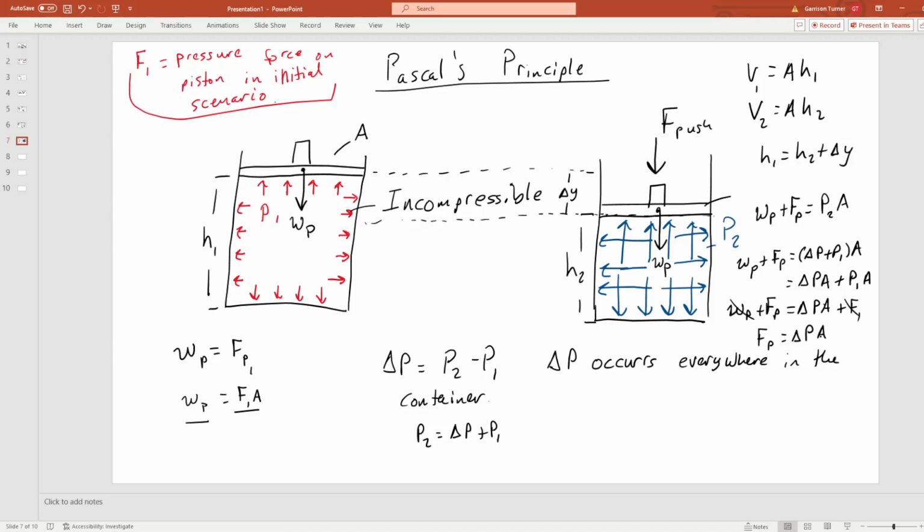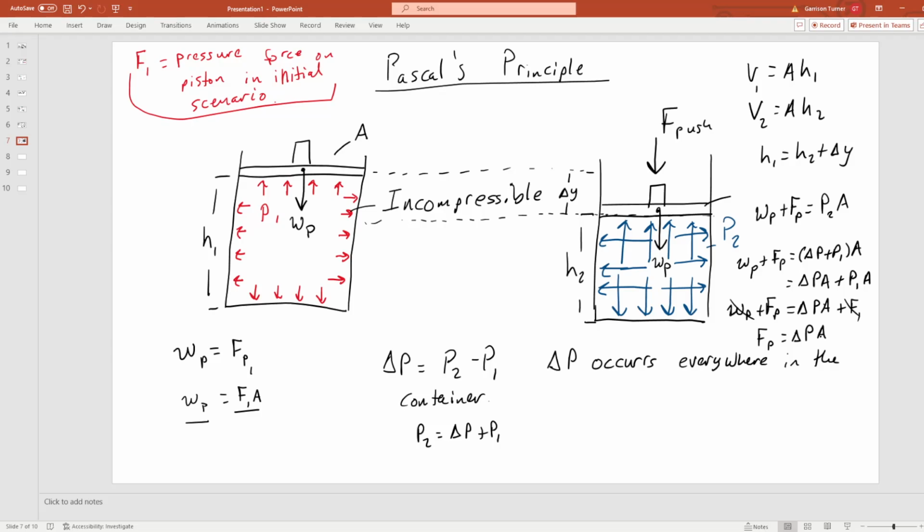Whatever pushing force you exert down is going to be equal to the change in pressure inside your container times the surface area over which the fluid is exerting forces.